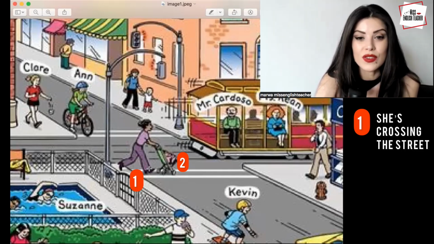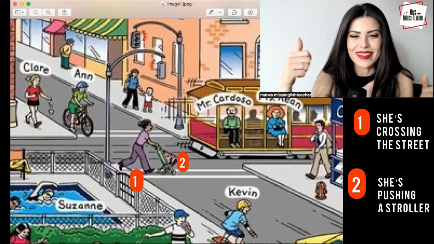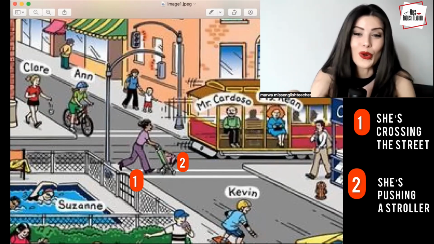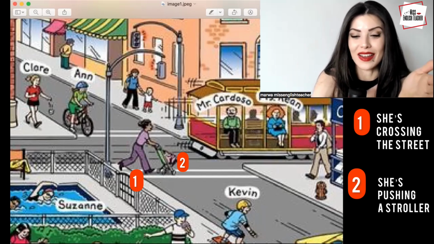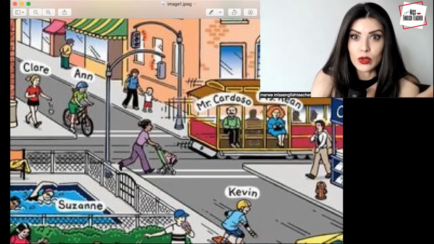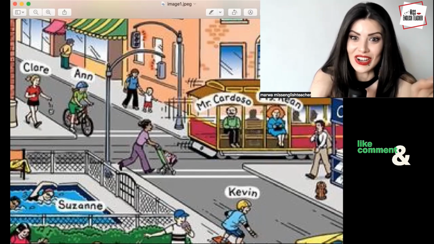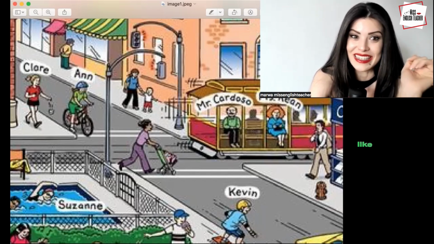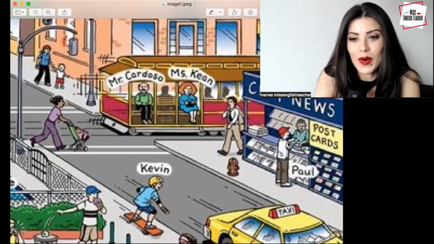So she's crossing the street and she's pushing a stroller. When you have a baby, then usually you have a stroller. Okay, so I assume that she has a baby in there or a dog. I've seen people, trust me, I've seen people put dogs in a stroller. That was really interesting. Okay, now let's talk about Paul.